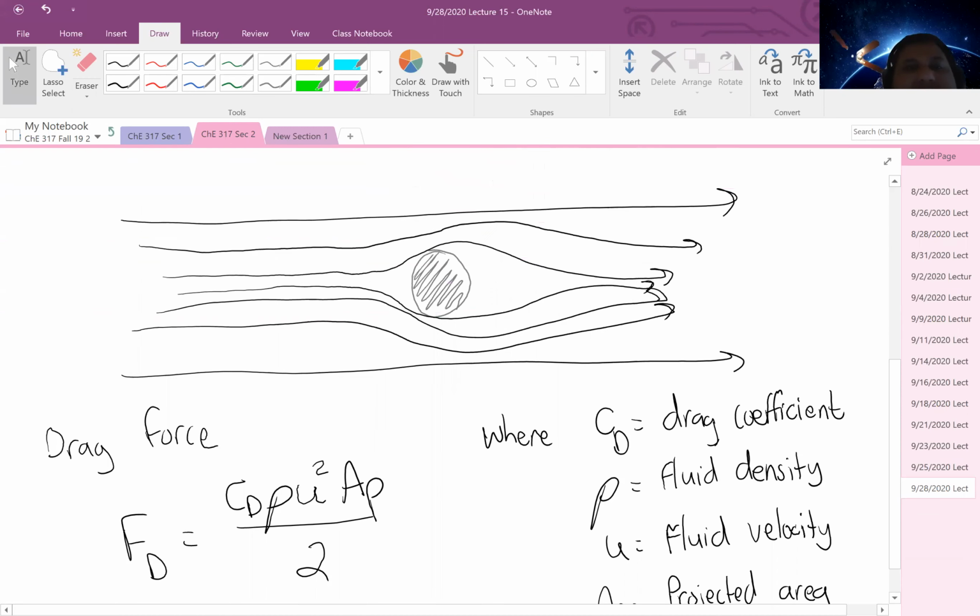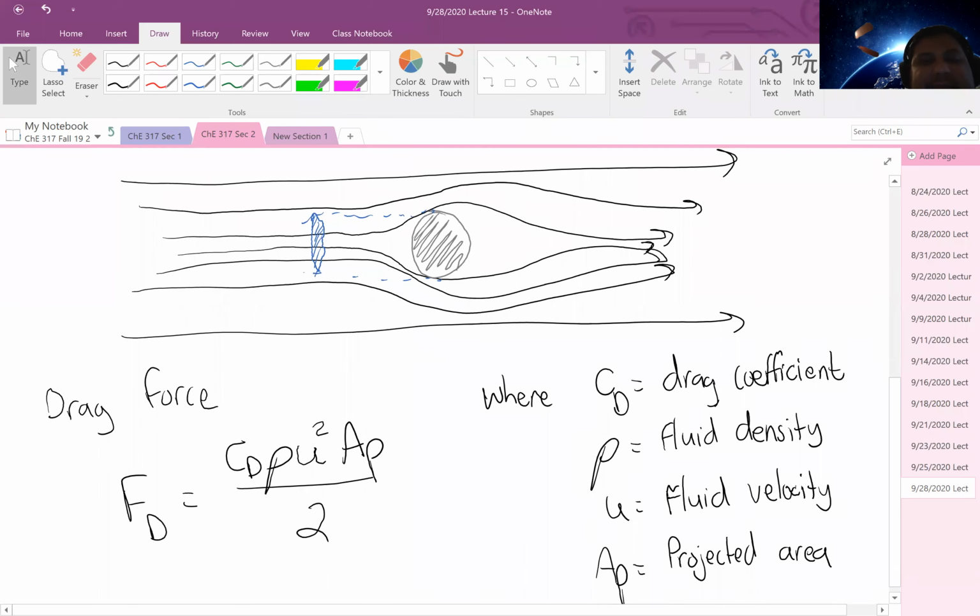And the easiest way to understand and visualize the projected area is in this instance where I have this spherical object in my flow field, the projected area would be almost like a two-dimensional cutout of that object onto the flow field.